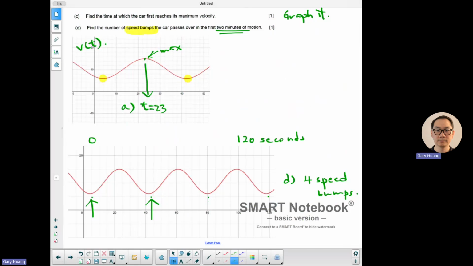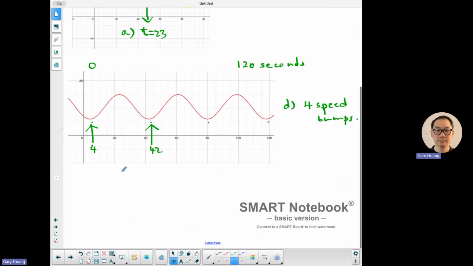So I am getting, where is my graph here? 4 to 42. This is t equals 4. This is t equals 42.